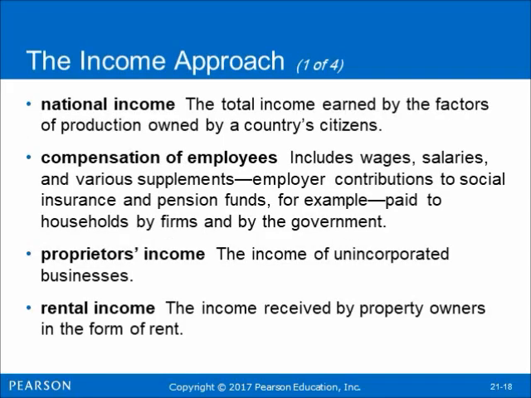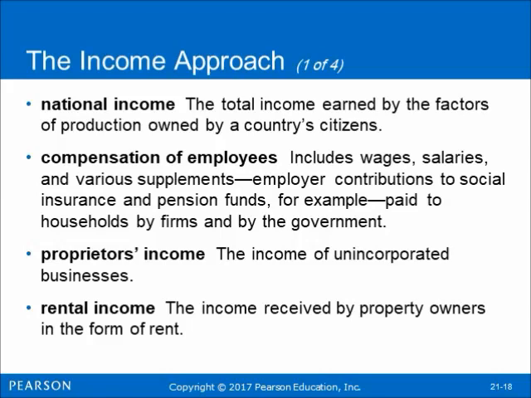Second, the income approach. National income can be defined as the total income earned by the factors of production owned by a country's citizens. To measure or calculate GDP using the income approach, we have to add up the following.